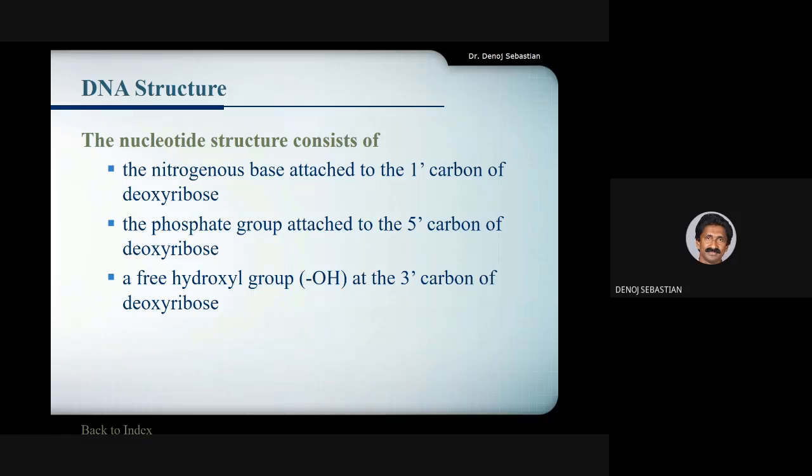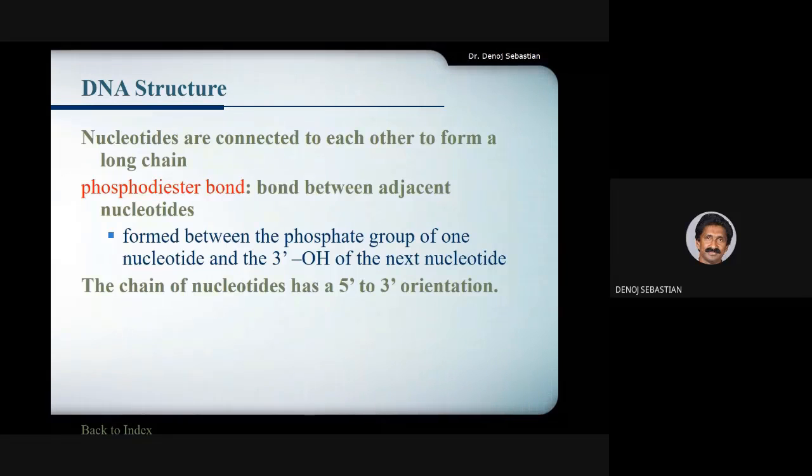And we know that the nucleotide structure consists of the nitrogenous bases, phosphate and hydroxyl group. We already discussed that. It is only the text portion that is already explained. And we have the phosphodiester bond, which is a bond between adjacent nucleotides, formed between the phosphate group of one nucleotide and the 3-OH group of the next nucleotide.